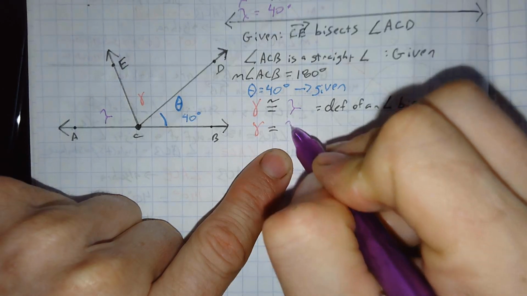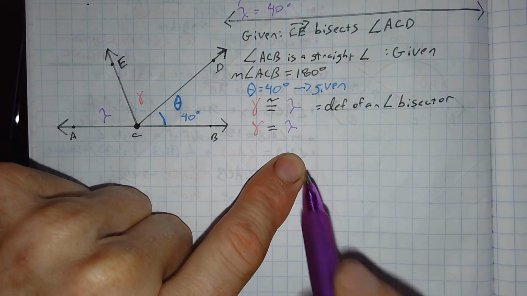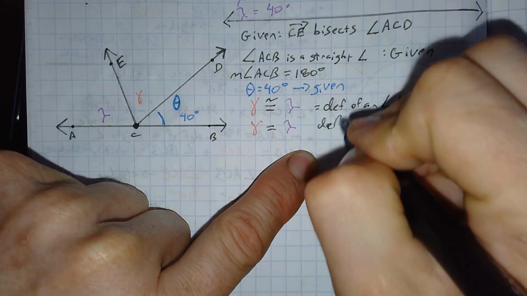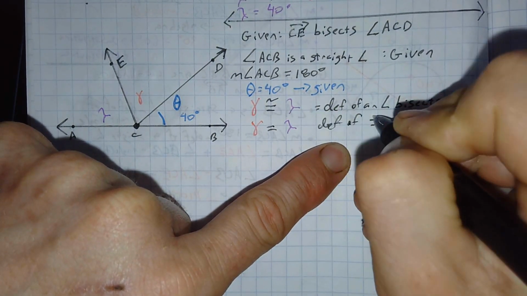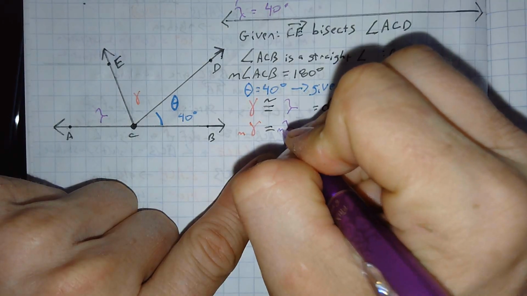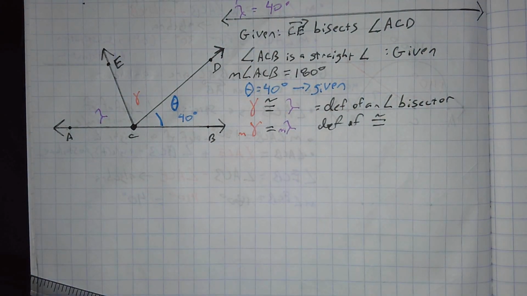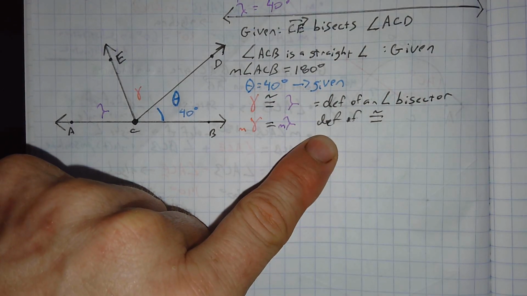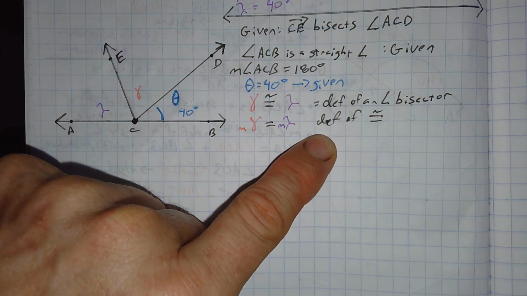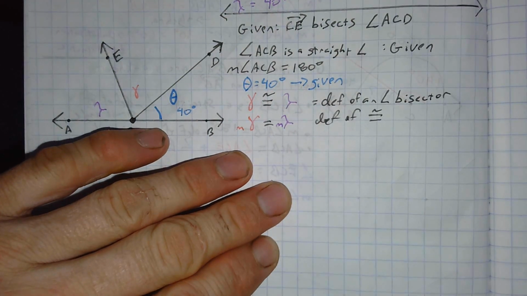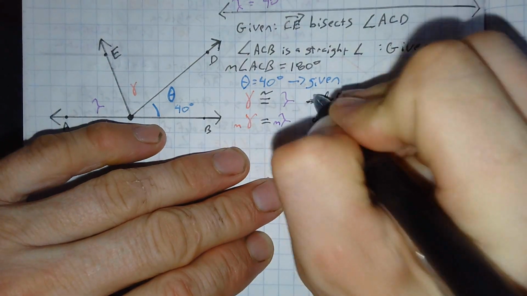Equals, they're the same measurement because that is the definition of congruence. I guess I'll put the measure in there just so it's not as confusing, right? Small difference between congruence and equality. Measures are equal, angles are not, because they occupy a different space on the plane, but the measures are the same. All right, so let me make this into an arrow just to clean my work up and make it consistent.